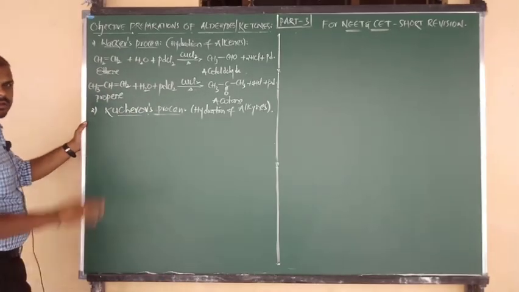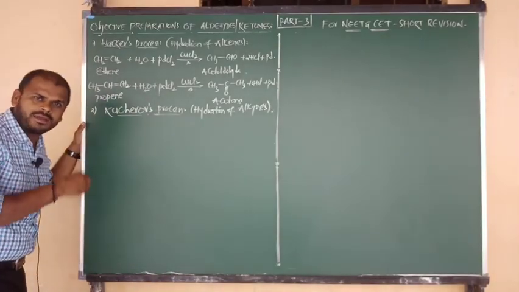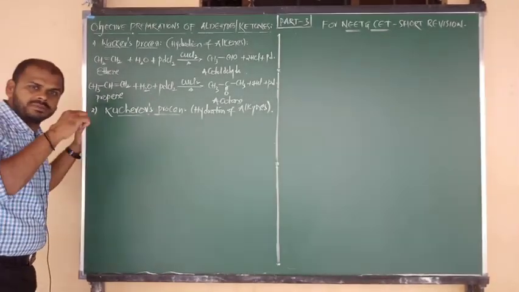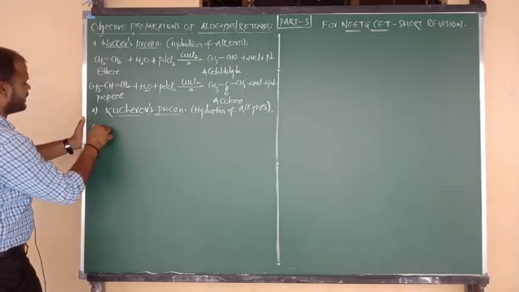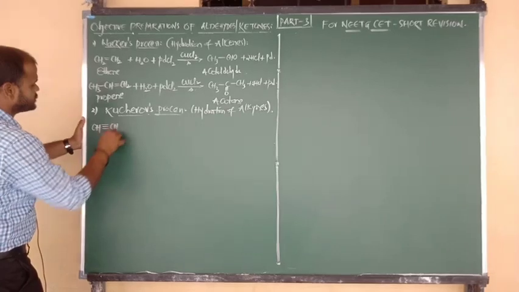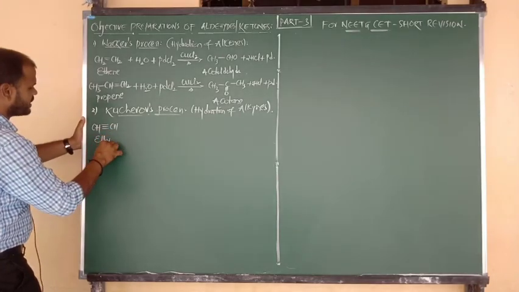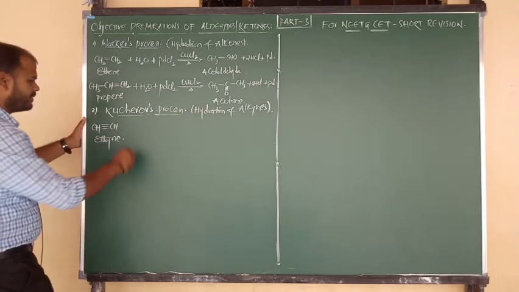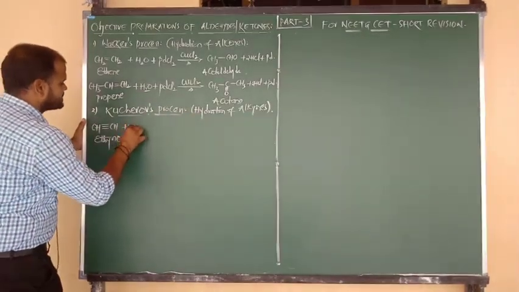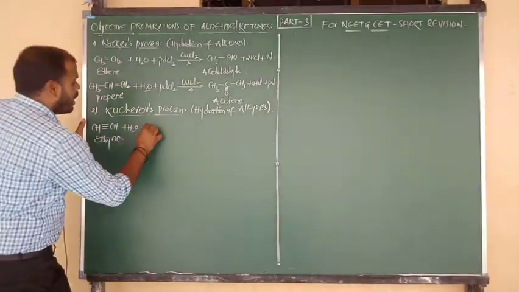So in Kucherov's reaction, what do we have to do? Hydration of alkynes. Same thing: symmetrical alkyne and unsymmetrical alkyne. Symmetrical alkyne, the 2 carbon alkyne, is nothing but ethyne, CH triple bond CH. What is the name of this reactant? Ethyne. Ethyne undergoes hydration, meaning addition of a water molecule.